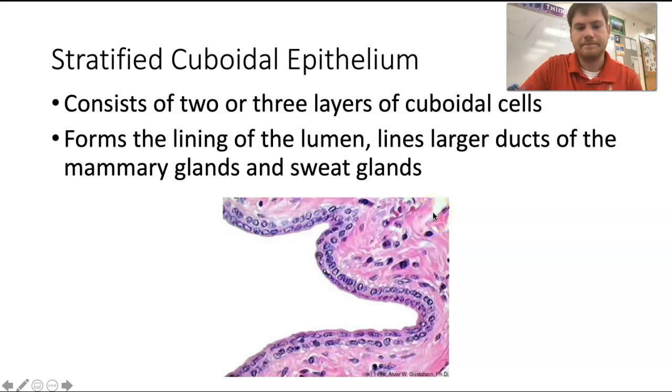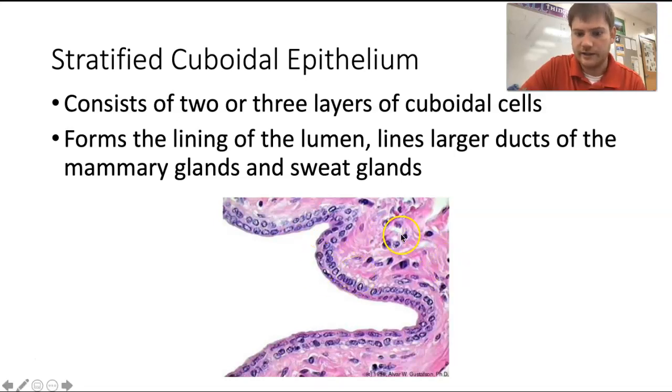Stratified cuboidal epithelium. So stratified meaning multiple layers, cuboidal meaning they're shaped like cubes. This has 2 or 3 layers of cuboidal cells, and we're looking at this layer, where my mouse is hovering over. All right, and these are just multiple cuboidal shaped cells that line different types of ducts, like sweat glands and mammary glands and your earwax glands, as well as your lumen.